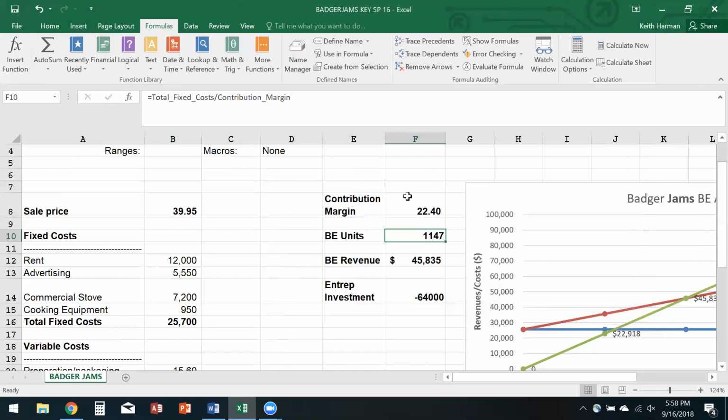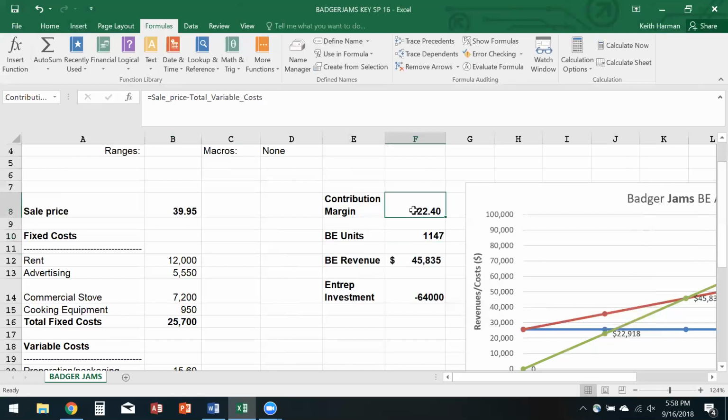In other words, it's the revenue per unit minus the variable cost per unit. All right, now we see this here, and so we're going to divide that by the contribution margin, and that tells us how many units we have to sell.